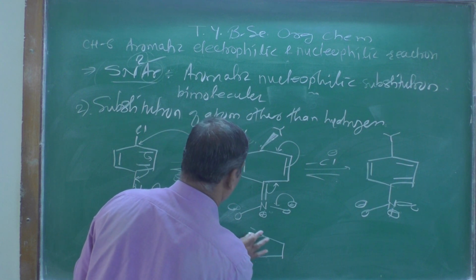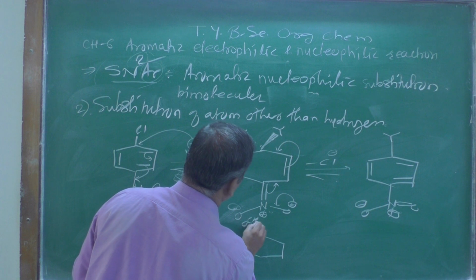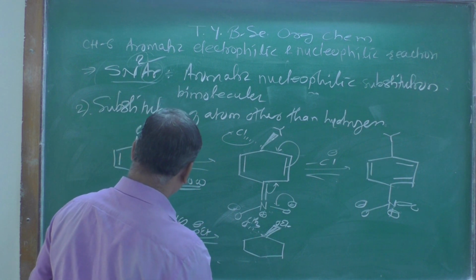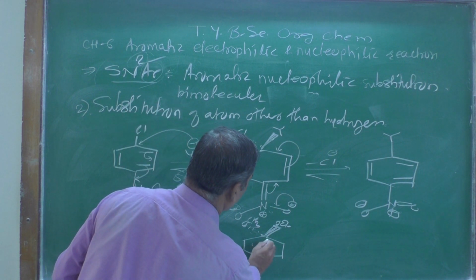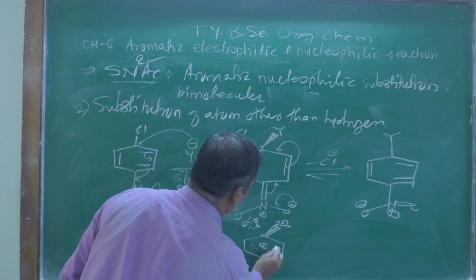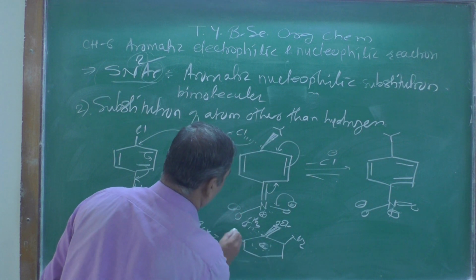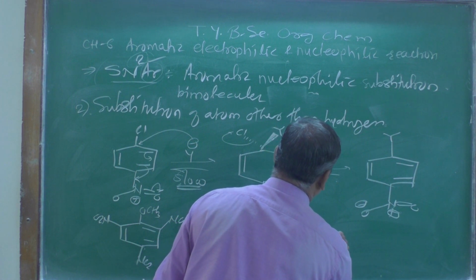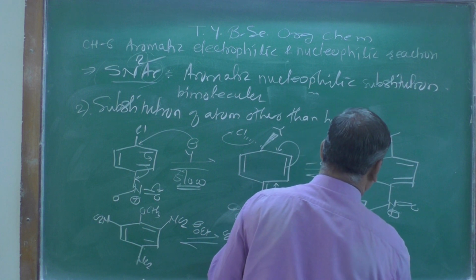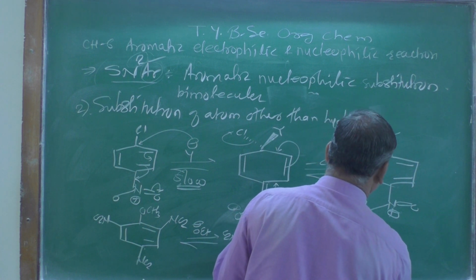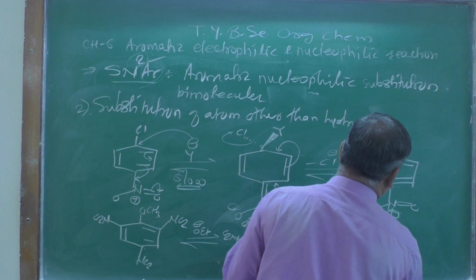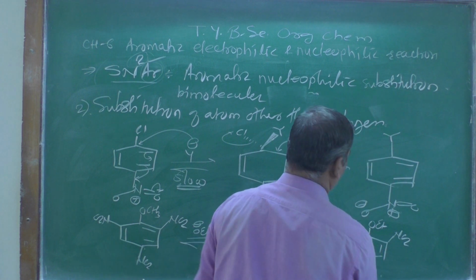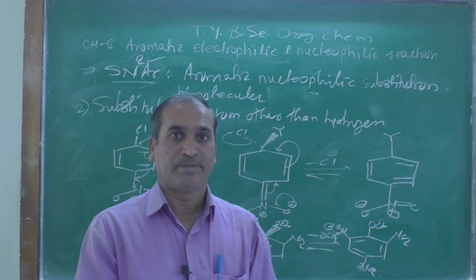Here you write OCH3, and here OEt is coming, and the nitro groups are there, with a negative charge on the ring, NO2, O2N, and also NO2. Finally OCH3 is lost, and you may get this type of compound: here OEt, then NO2, and here also O2N.